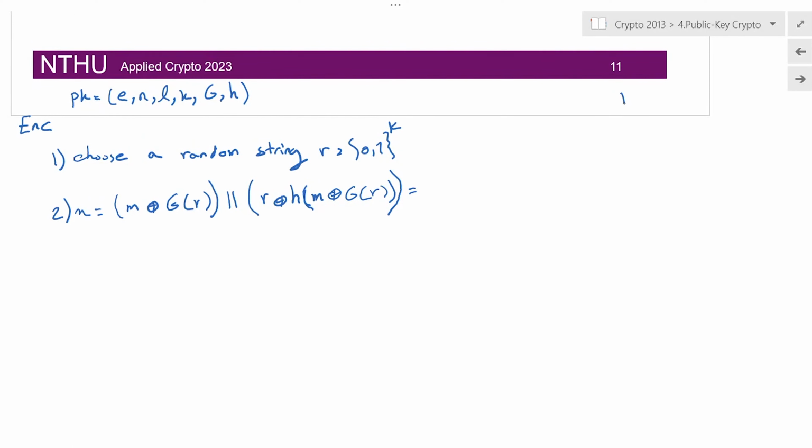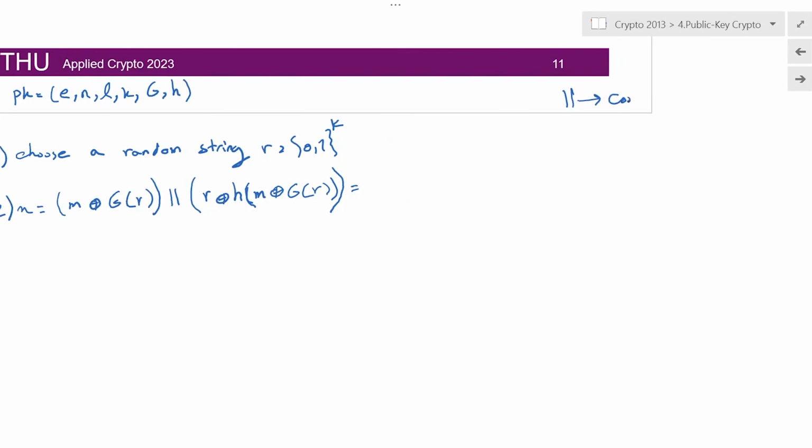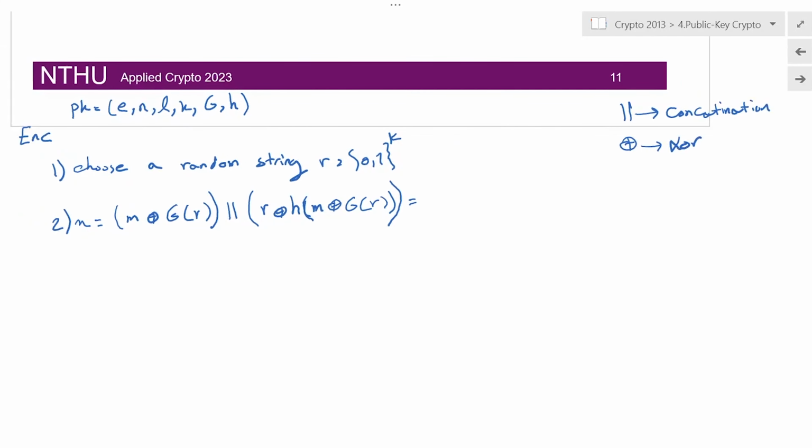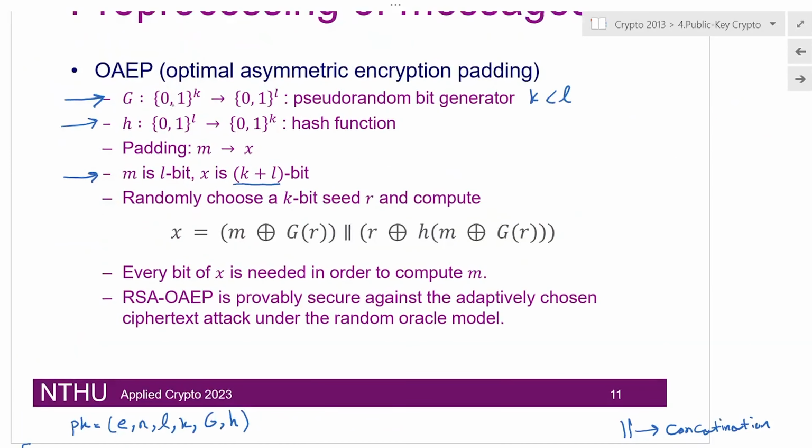So first, this symbol, if you have forgotten by any chance, is what we call concatenation. And this symbol again is nothing but a XOR. So what it says is that whenever you want to pad M, you take M and XOR it with the G of R. We said that R is k bits, so our G function takes an input of k bits and outputs an L-bit pseudo-random value.